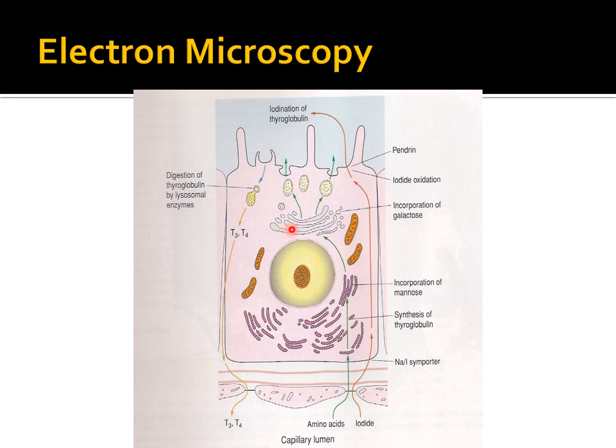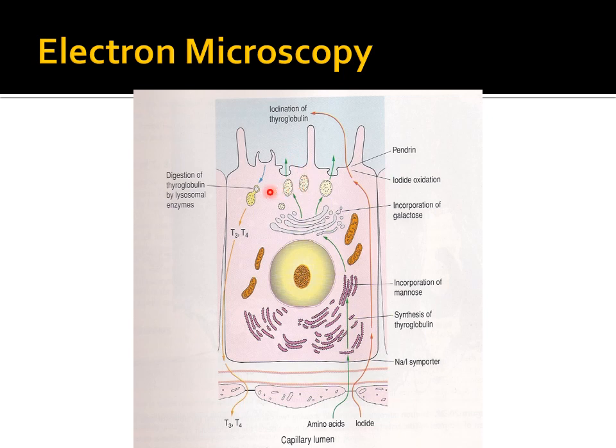Moving towards the apical pole, there is abundant Golgi apparatus, and there are thyroid vesicles. These are the secretory vesicles or secretory granules, which have the same composition as that of the thyroid follicle.